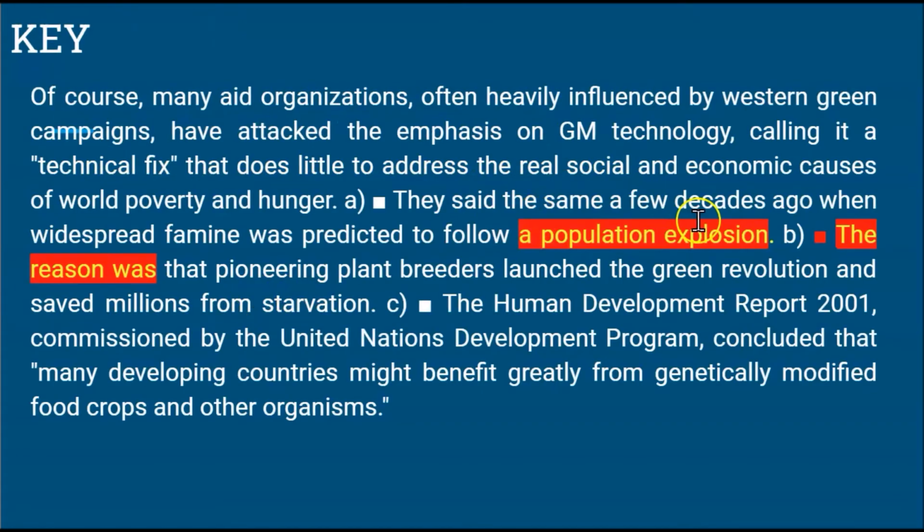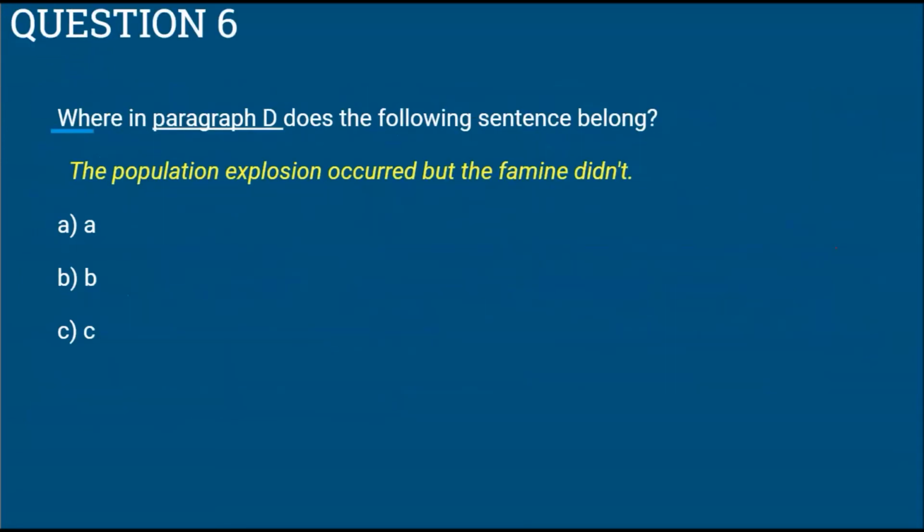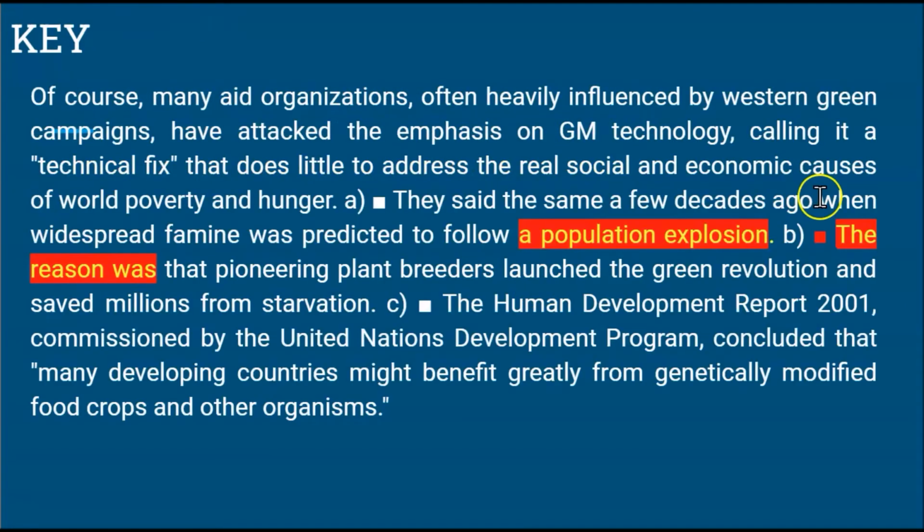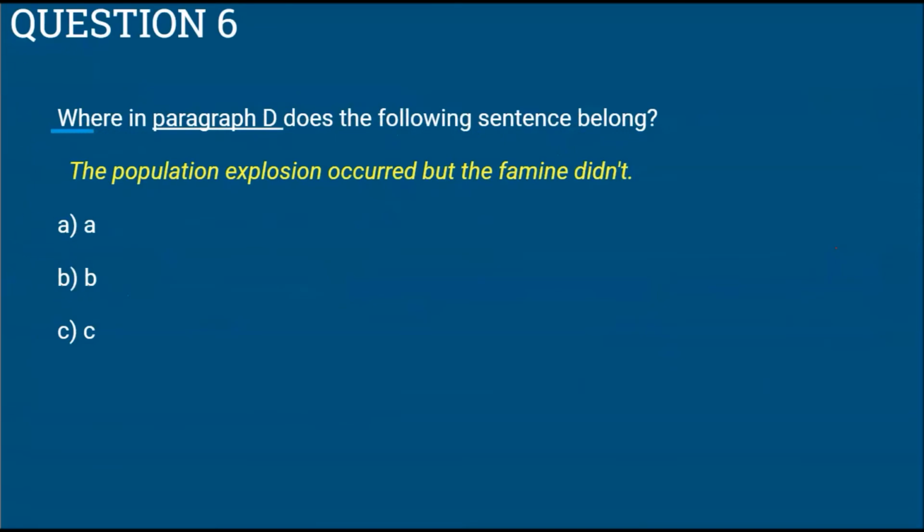Going back to the paragraph, the reason for what? Of course, the reason why the population explosion occurred, but a famine didn't, was that pioneering plant breeders. So as you can easily understand here, the sentence should go right here where B is. So the correct choice for this question is B.